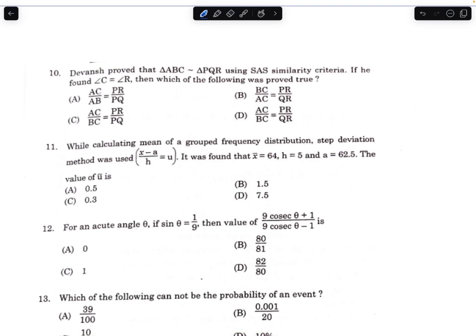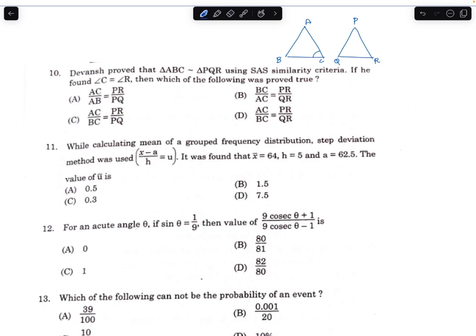Question number 10 says, Devansh proved that triangle ABC is similar to triangle PQR using SAS similarity criteria. If he found angle C is equal to angle R, then which of the following was proved true? Let's draw a rough sketch of these two triangles, ABC, PQR.